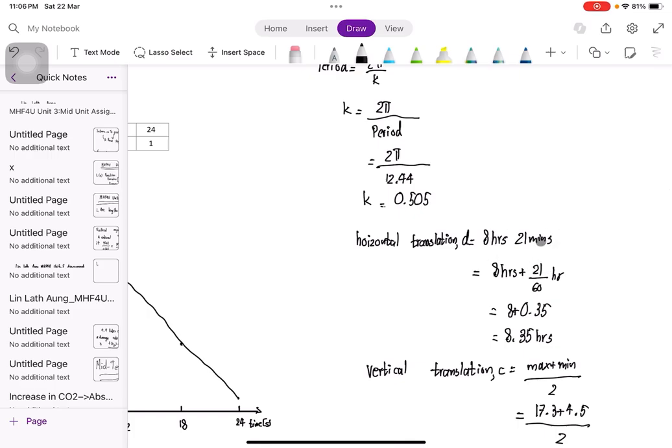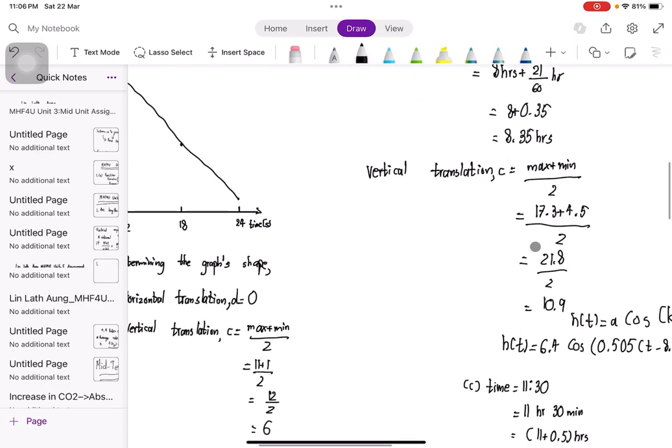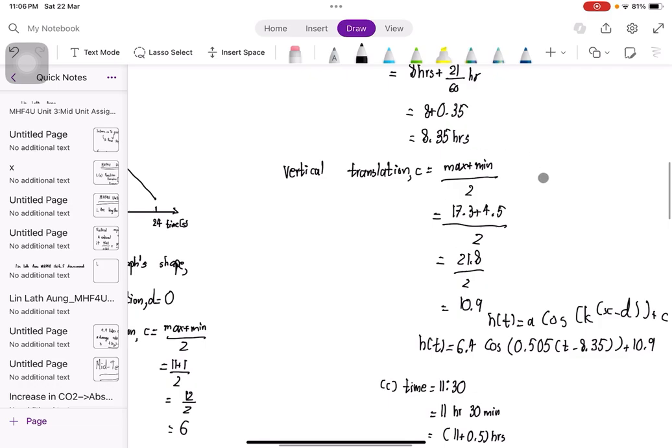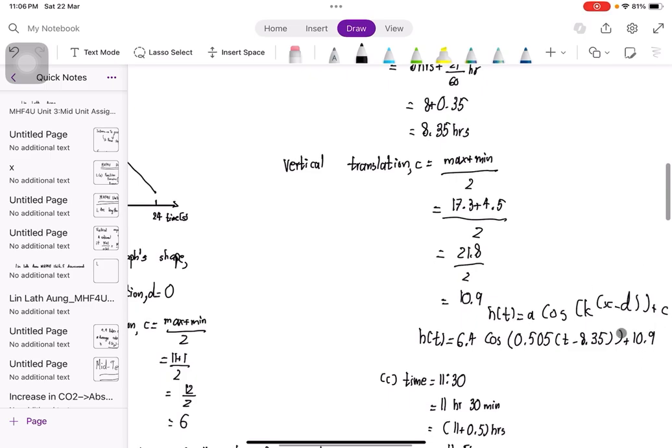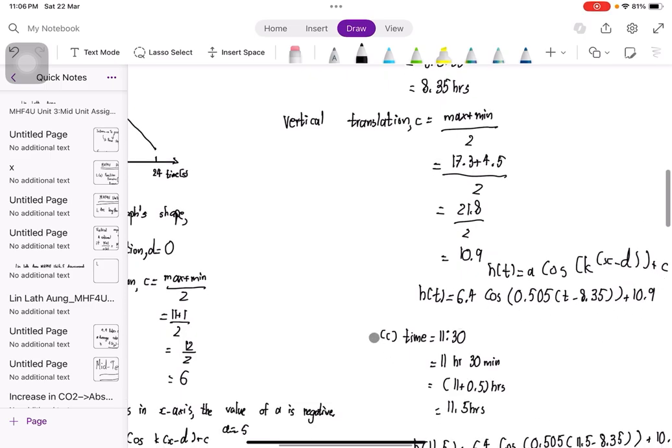By looking at this, we could convert it into the unit of hours, and then we can find the vertical translation, that would be 10.9. So by substitution into my aforementioned equation, we get the final equation of 6.4 cos 0.0505 into t minus 8.35 plus 10.9.